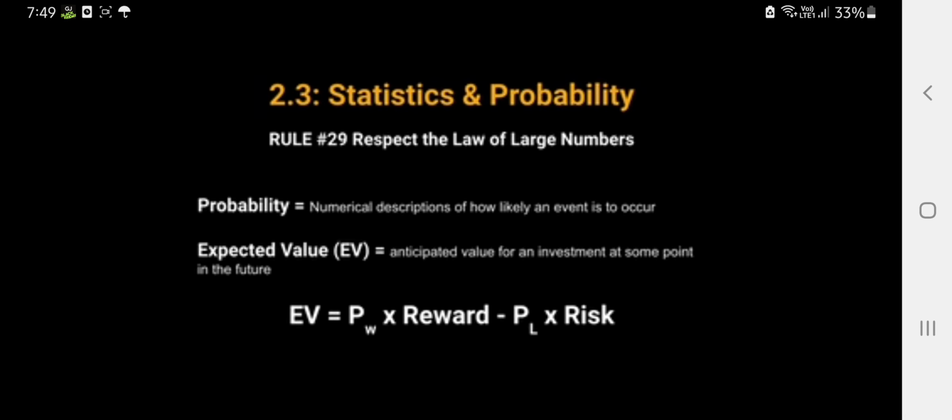It could go straight up, it could go straight down, it could go up, down, up, down, up, down, it could chop. Everyone's playing the same game. So you are not at an immediate disadvantage in the markets. So get that victim mentality out of your head if you think you are.